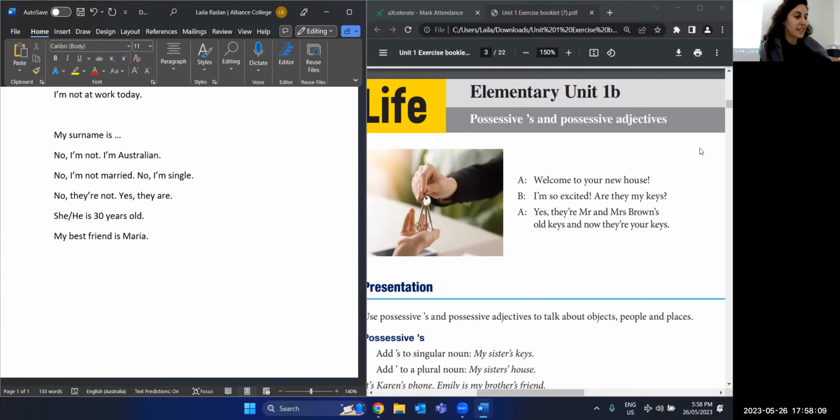Now we're looking at the possessive. So this is a good one to practice because it's not using the subject I, you, he, she, it. So let's write that. So subject is when we say I, you, he, she, it, we, they.